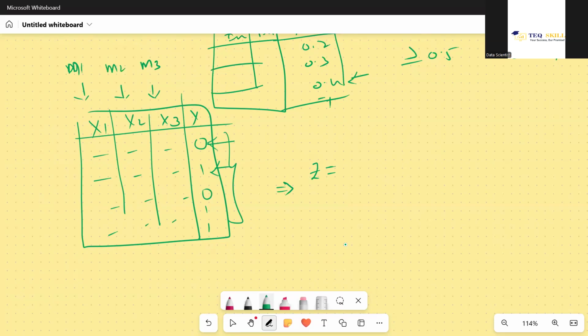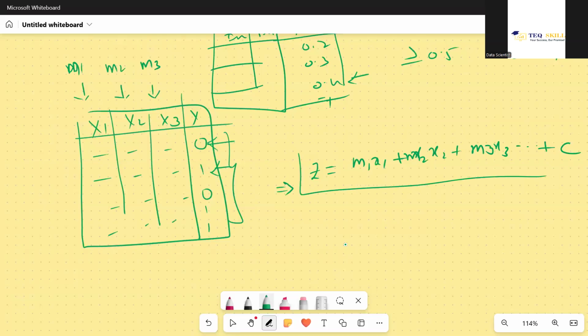These are your slopes, right? So that is m1 x1 plus m2 x2 plus m3 x3 and so on, and we have one constant over here. This is simply a linear equation.